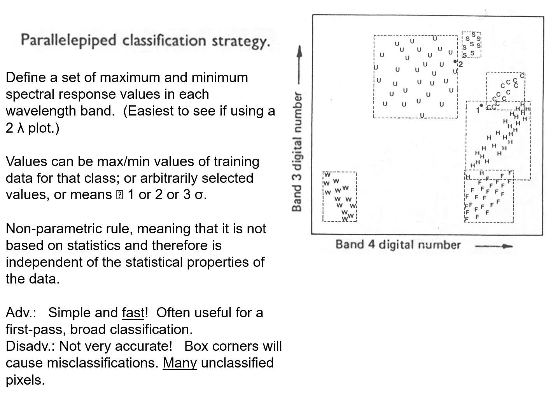It's urban. If it falls within the box of hay, as with point 1, then we're going to define it as hay. So it's simple, it's fast, it's often useful for a first pass broad classification just to see how you're doing. The disadvantages are it's not very accurate.